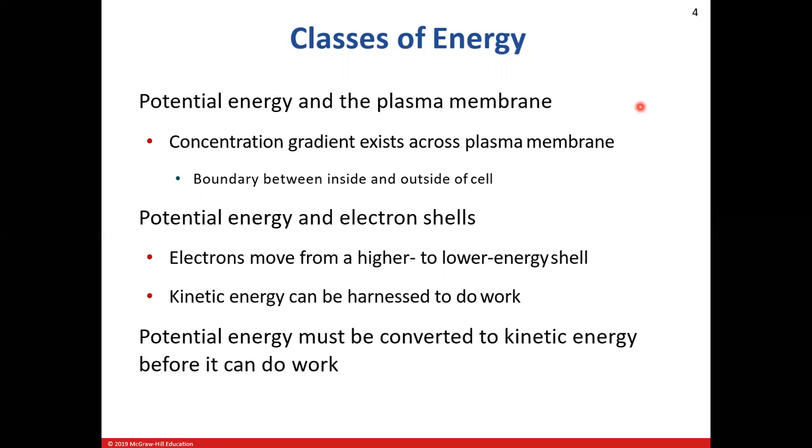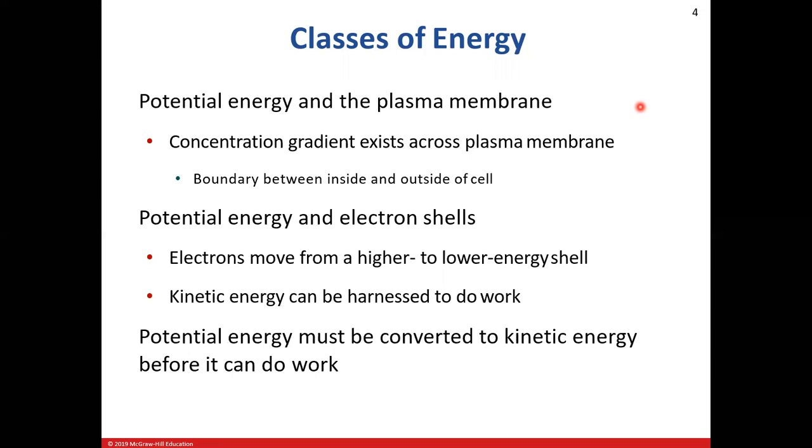You'll hear us talk about a resting membrane potential in later chapters. That resting membrane potential typically causes the cell to be more negative, and again, we're comparing the inside of the cell and the outside of the cell.